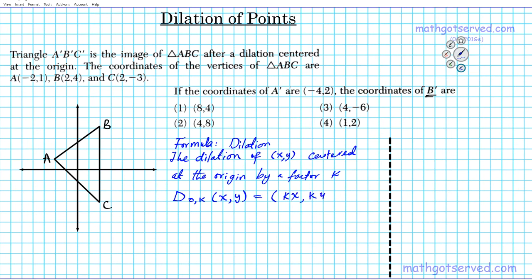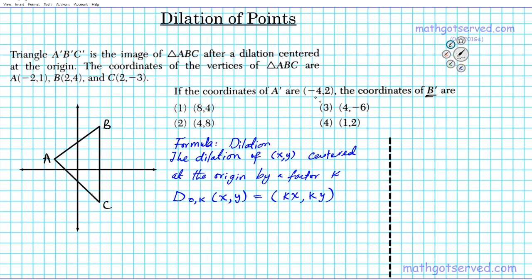Now let's take a look at this formula for a second. What is this formula telling us? If you have a scale factor, all you do is multiply the respective coordinates by that scale factor to generate the image. So we have the original A, and the image A prime under the dilation by scale factor k.